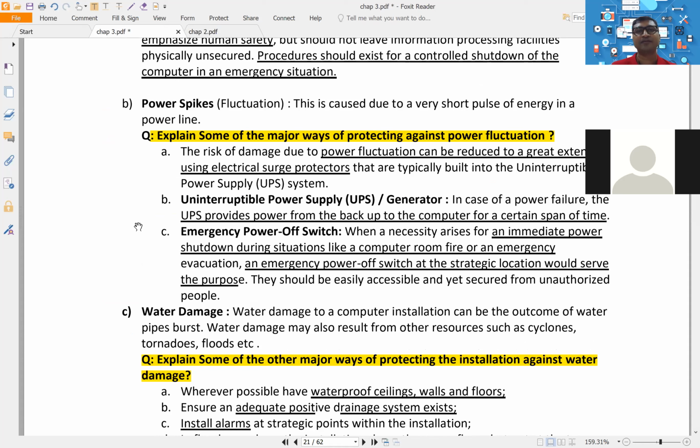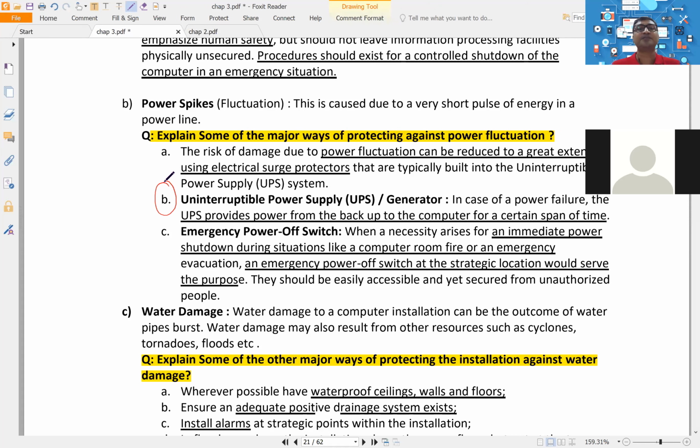Okay. Now I hope fire damage and smoke detectors, all points are very easy. Power spikes are nothing but power fluctuations and short circuits, and because of those also a fire can occur. But if you remember, I told you that as humans, whether electricity is there or not doesn't make any difference to us. But computers work on electricity, so to give them continuous power, we require power generators and UPS, uninterrupted power supply.